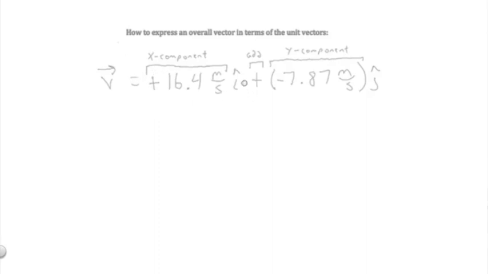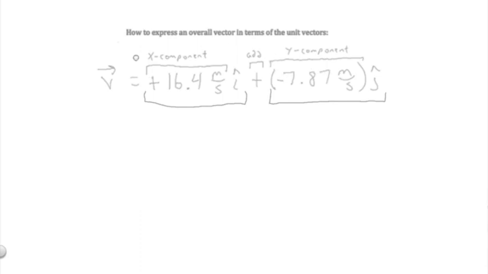Why is this a good way to represent an overall vector? Well, this term is a vector that represents the x component of the velocity, and this term is a vector that represents the y component of the velocity.